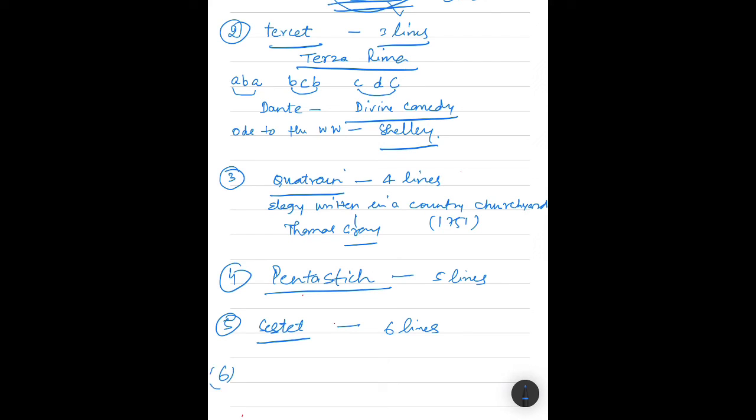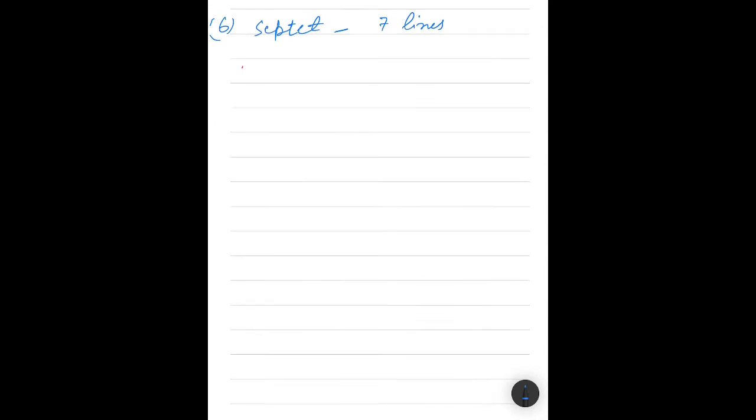Then you can have next septet. Septet is a stanza of 7 lines. Now I'm going to tell you another word that is called rhyme royal. Rhyme royal.